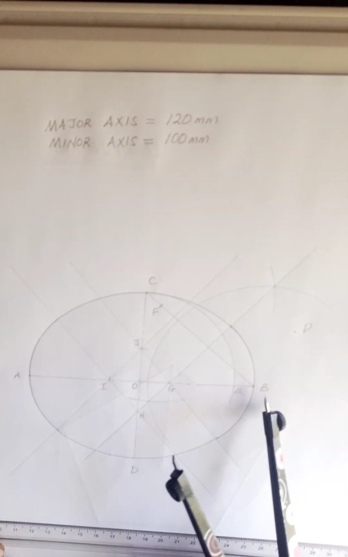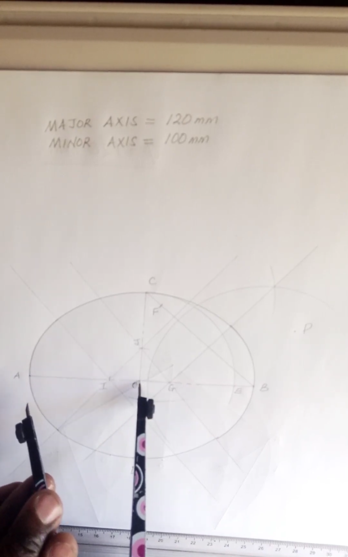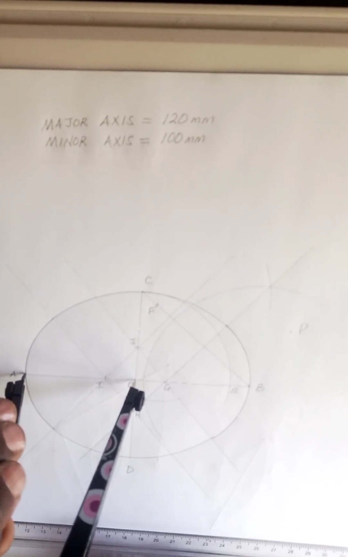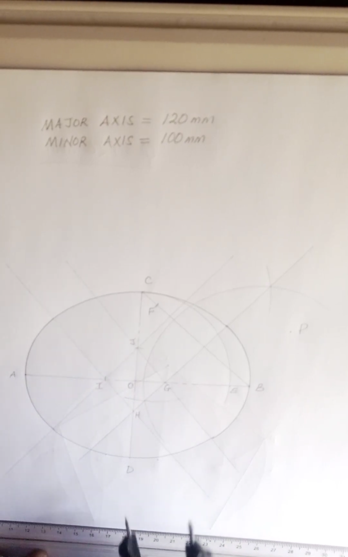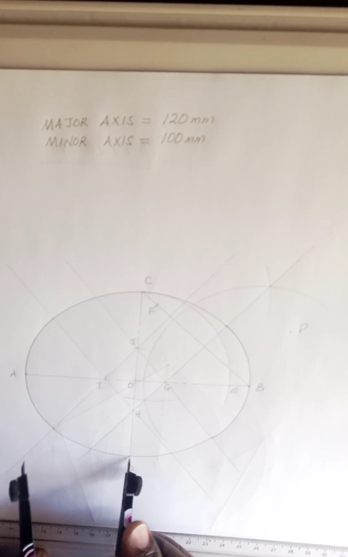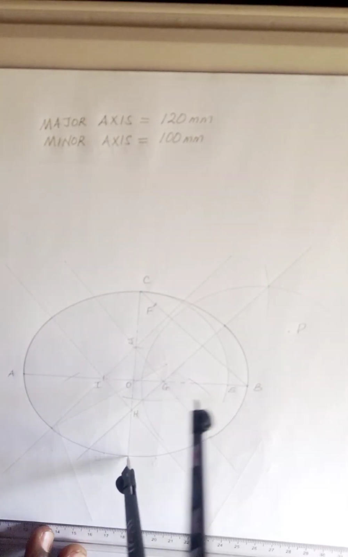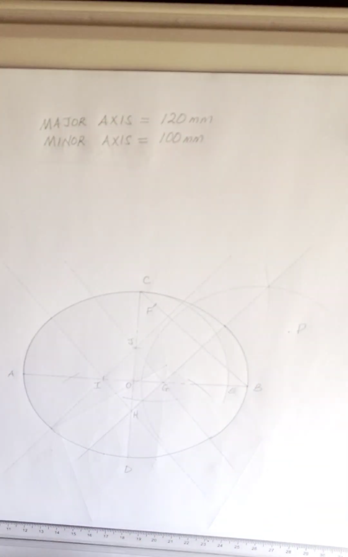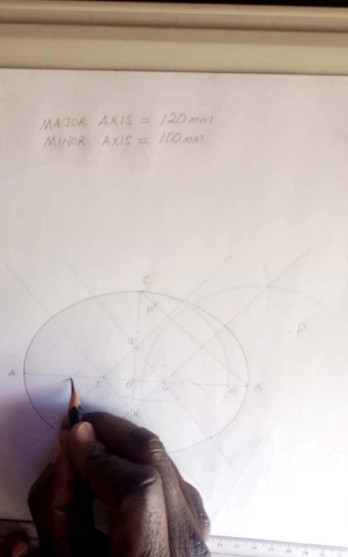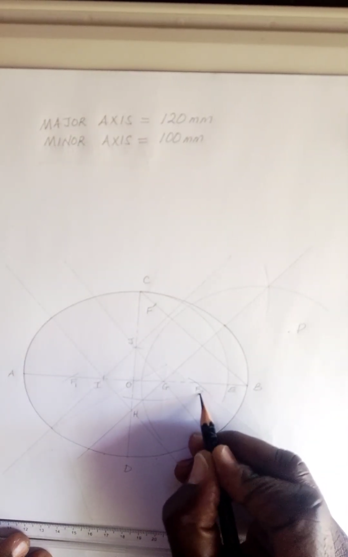Remember that line AB is a major axis, so half of it is from A to O. So you get this dimension, okay, and then you place the tip of your compass at point D, and then strike an arc on the major axis on the left hand side of the major axis, and then another one on the right hand side to give us focal point 1 and focal point 2.